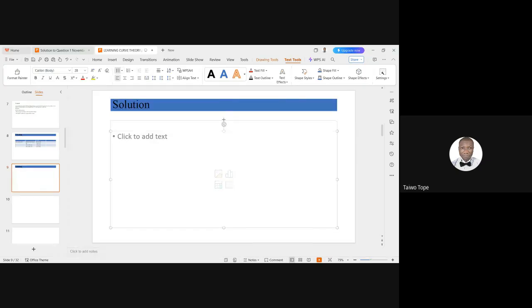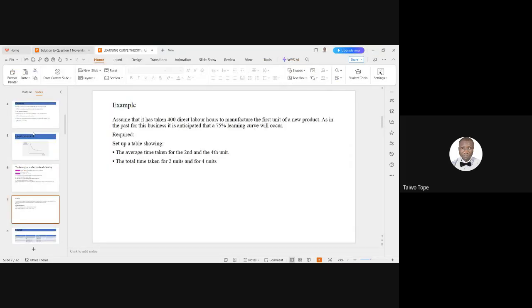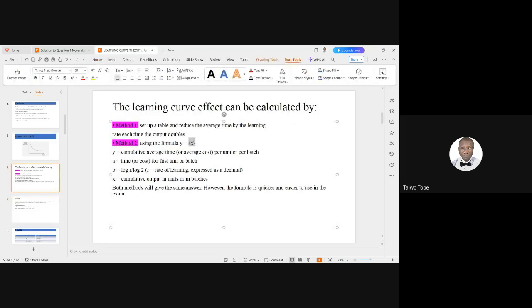So, solution. Based on that formula, the formula is what again? That is Y equal to what? Bring it here.